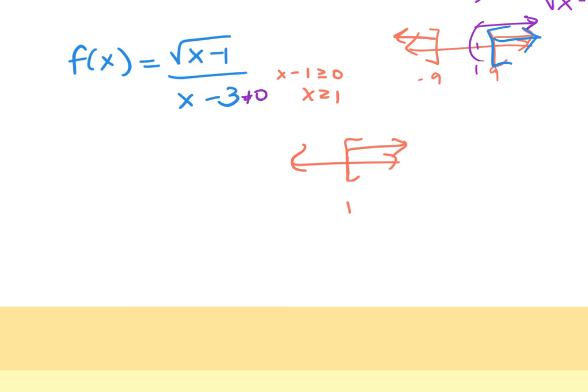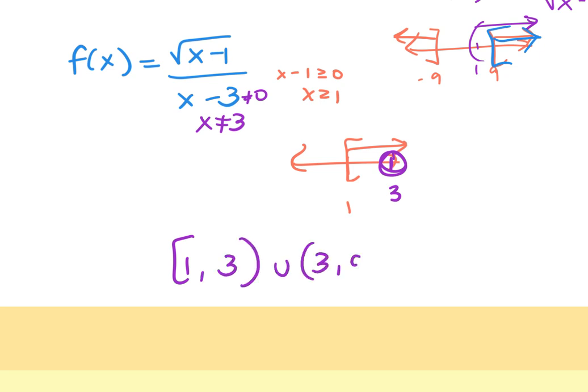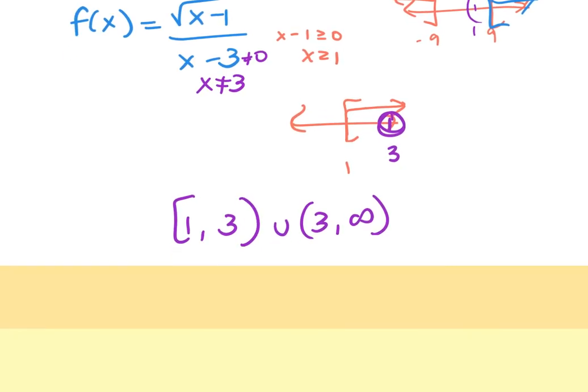Not greater than, just not equal to it, right? So x cannot equal 3, which means that 3 would be an open dot. It has to stop there. So that's where it gets tricky. It would be from 1 to 3, not including 3, and then 3 to positive infinity. Or in words, all real numbers greater than 1 except 3.